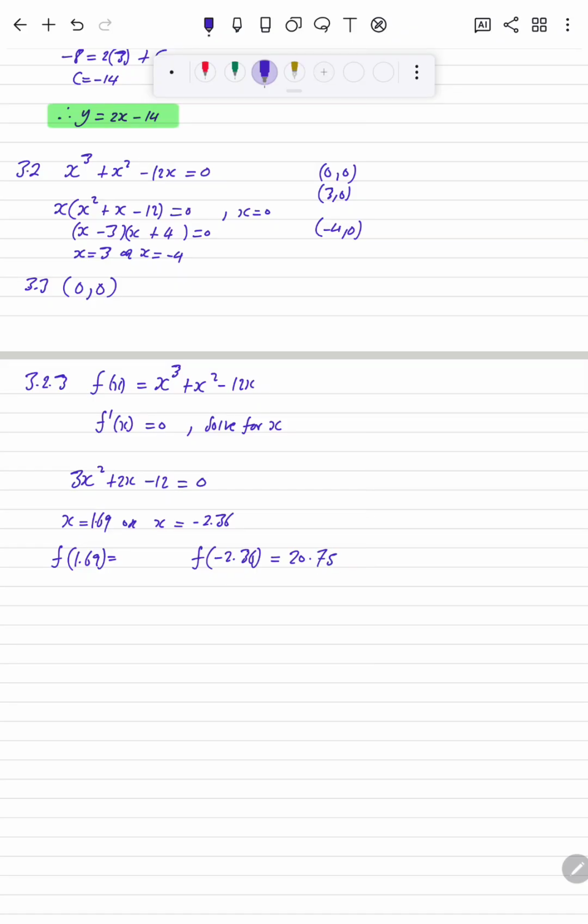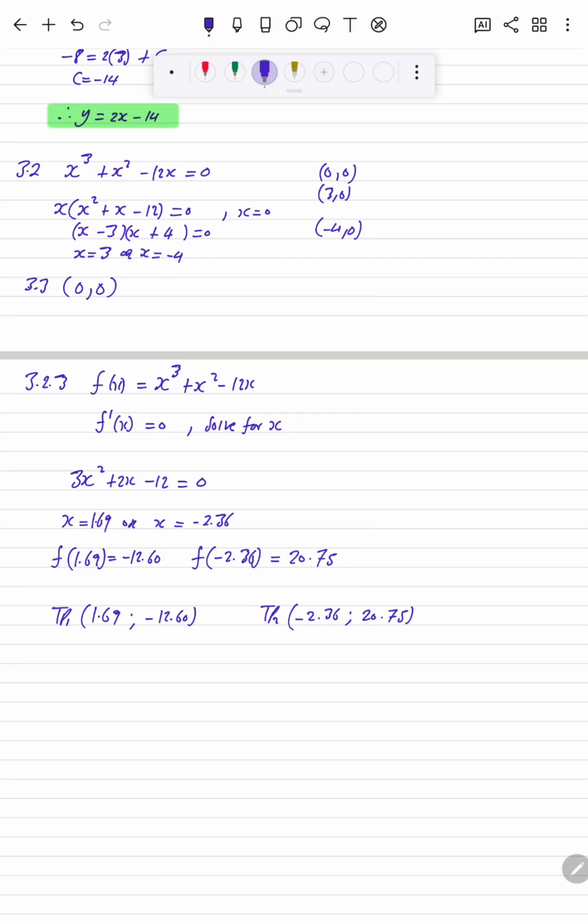And then the other answer, 1,69 cubed plus 1,69 squared minus 12 times 1,69, will give us negative 12,60. So turning point number 1 is when x is 1,69 and y is negative 12,60. And turning point number 2 is when x is negative 2,36 and y is 20,75.